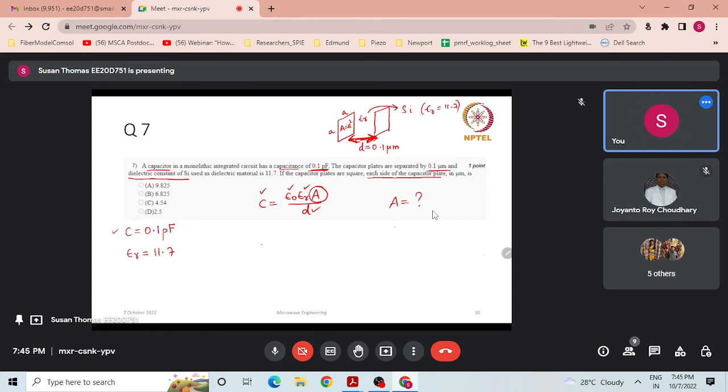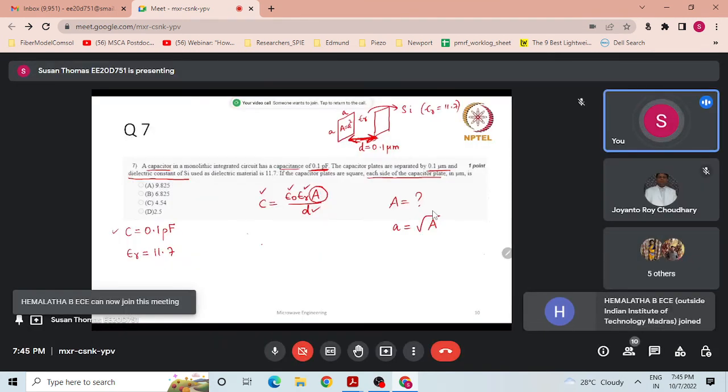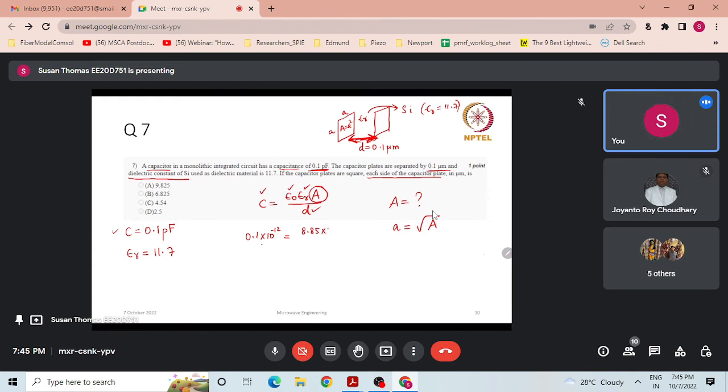So the side, small a, will be the square root of capital A. To solve this, let me try to write this. 0.1 picofarad equals epsilon 0, which is 8.85 into 10 power minus 12, into epsilon r, 11.7, into A, divided by d, the plate separation, 0.1 micrometers.